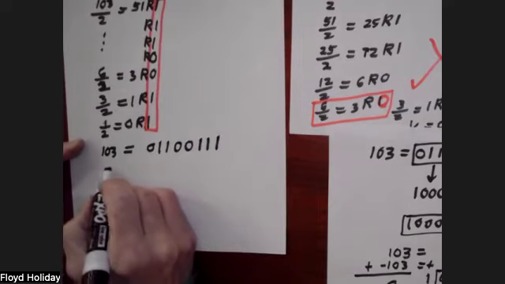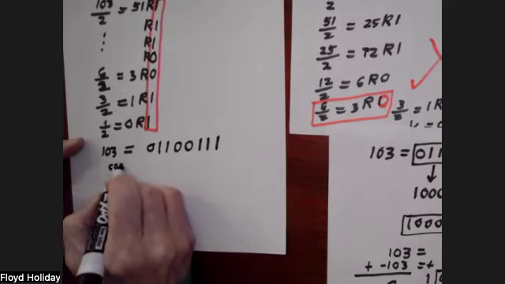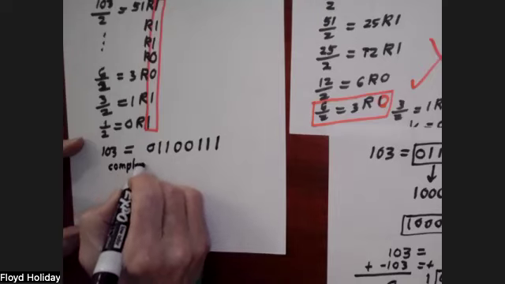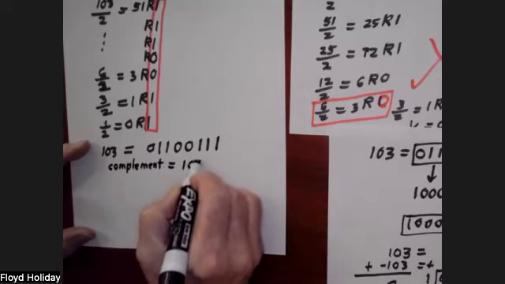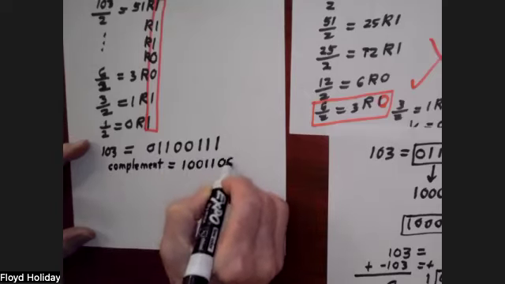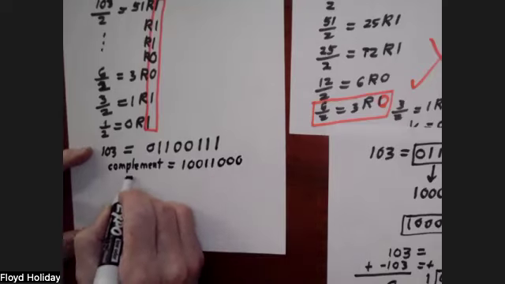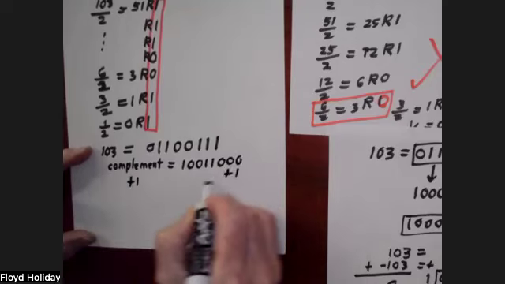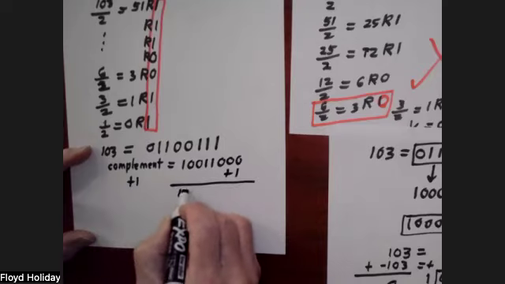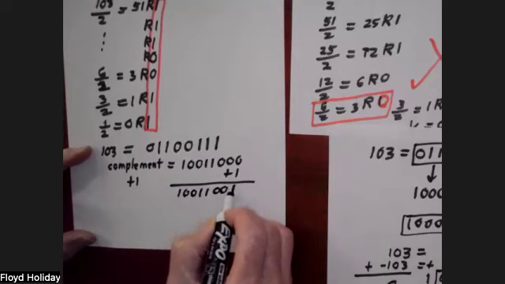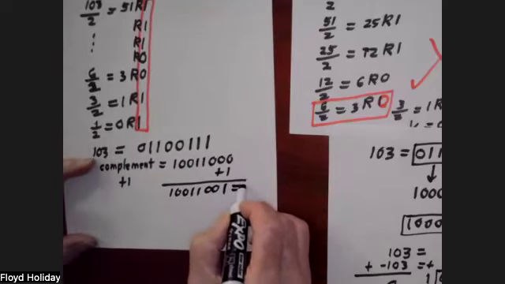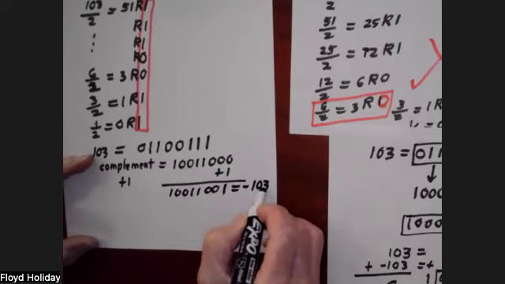Then the target is negative 103. So we flip them. That's the complement: 1, 0, 0, 1, 1, 0, 0, 0. Then add 1. And it's 1, 0, 0, 1, 1, 0, 0, 1, which is negative 103.